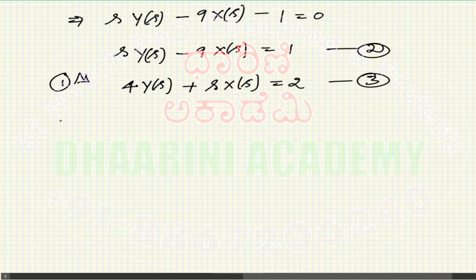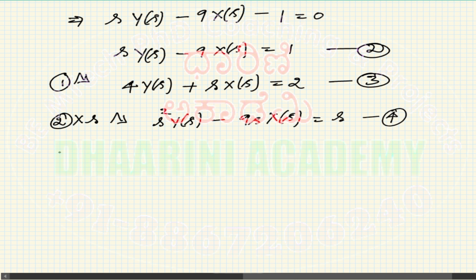Equation number 2 into s gives s square into y of s minus 9s into x of s equals s. Call this 4.